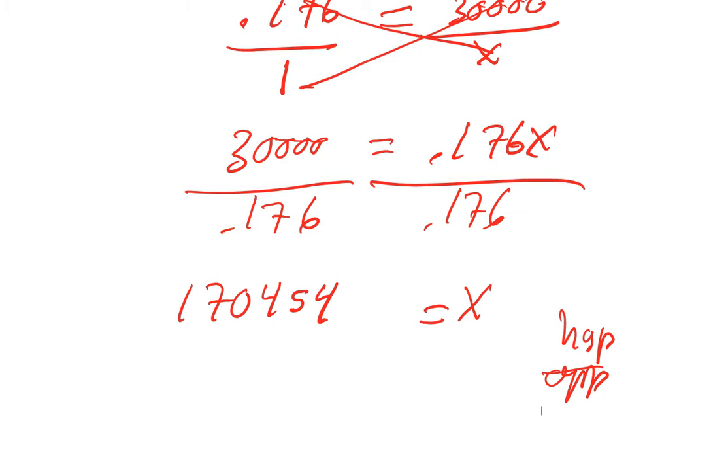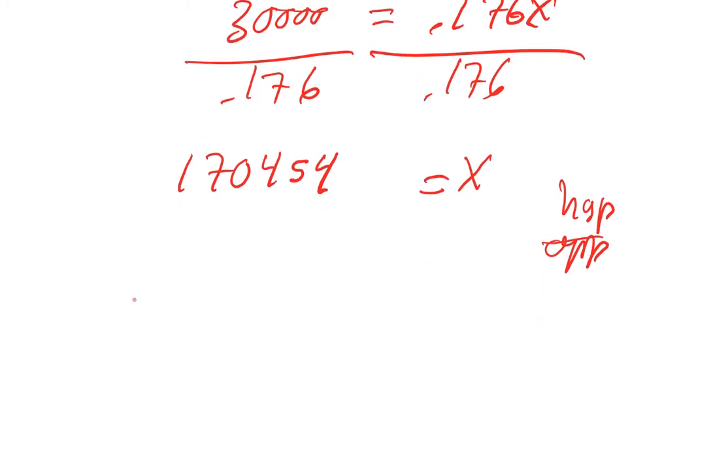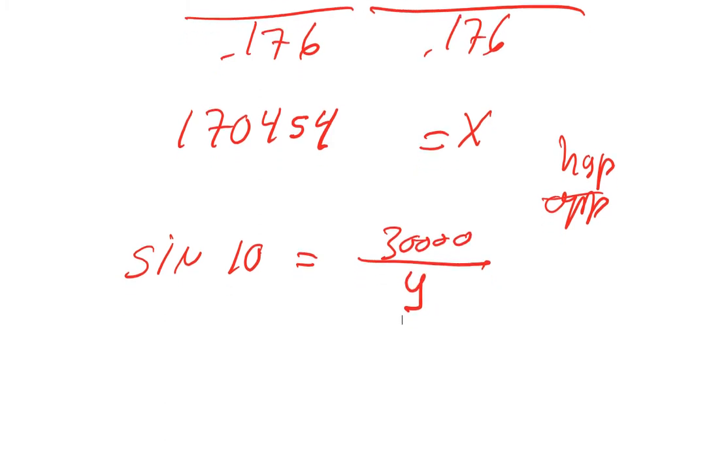So which one are we going to use for that? Yep, sine. So we go sine 10 equals opposite side, which was 30,000, over hypotenuse, which is Y. And what do I get?